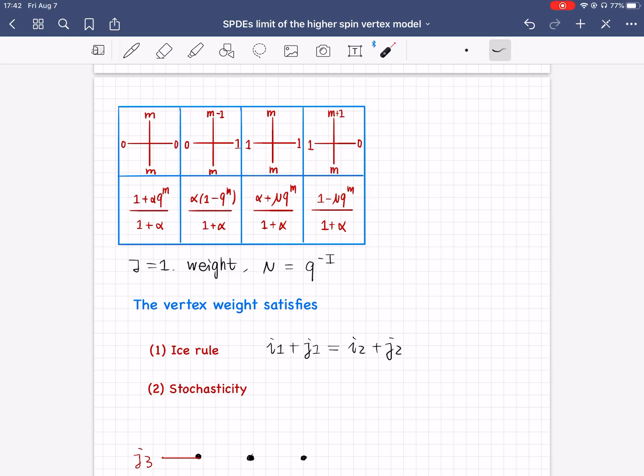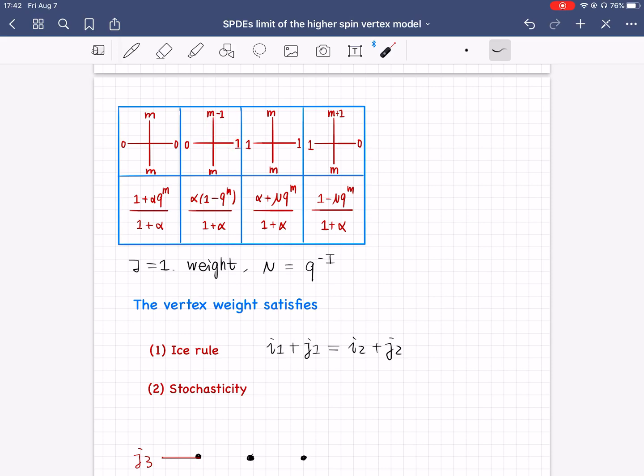The first one is the so-called ice rule, which means for a vertex configuration that has non-zero weight, the number of inputs always equals the number of outputs. For example, if you look at this second configuration, the number of inputs is 0 plus n, which is n, while the number of outputs is n minus 1 plus 1, which is also n.